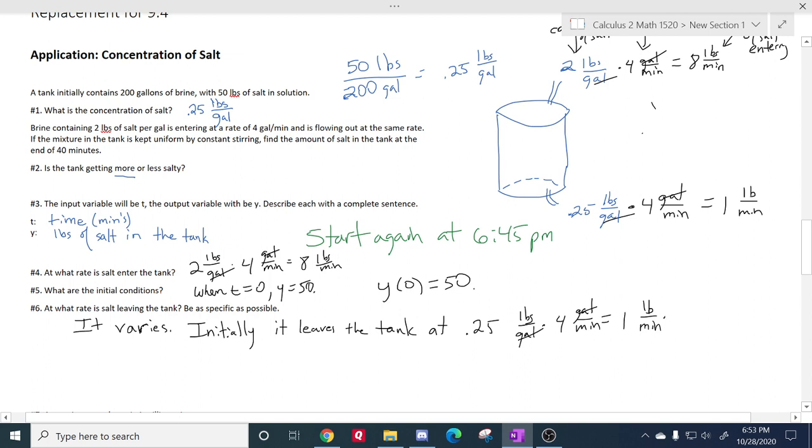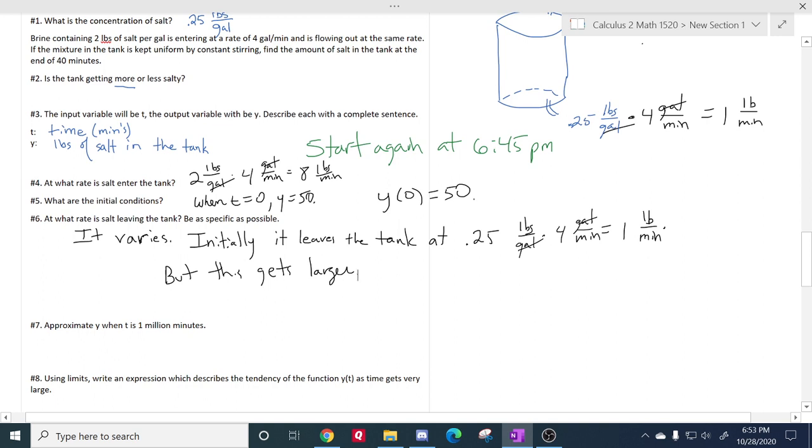But this gets larger because the salt, we had decided it's getting more and more salty. This gets larger.